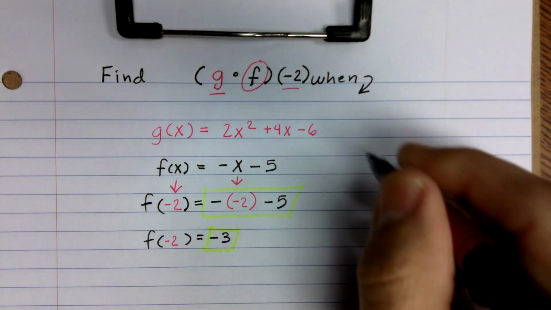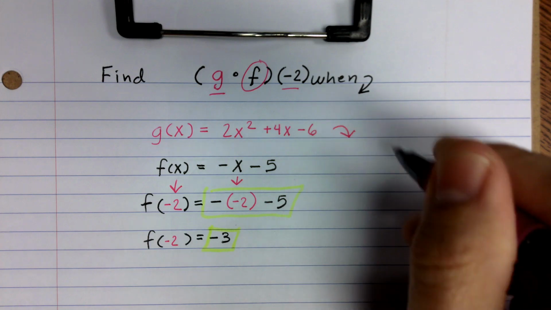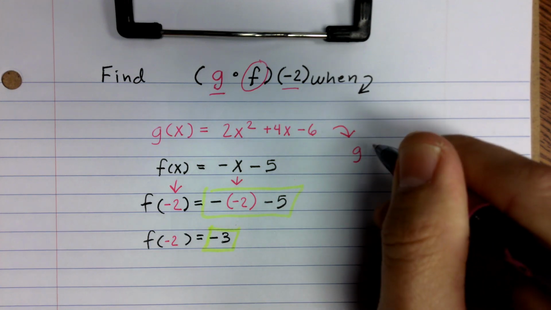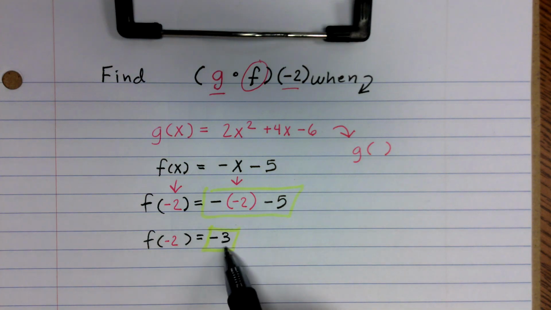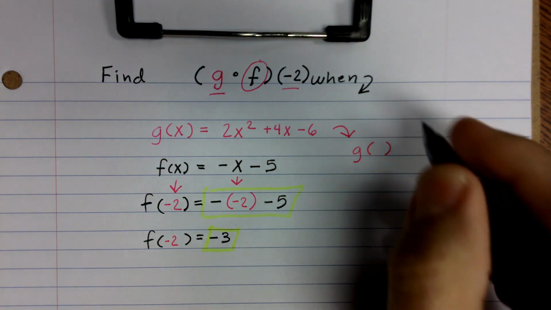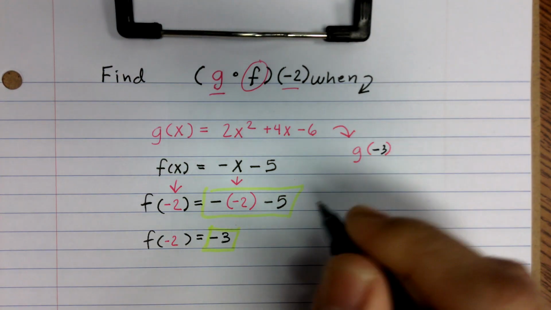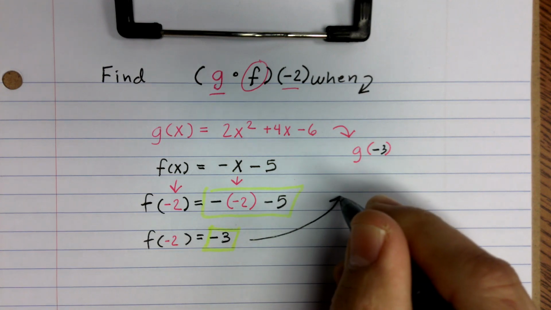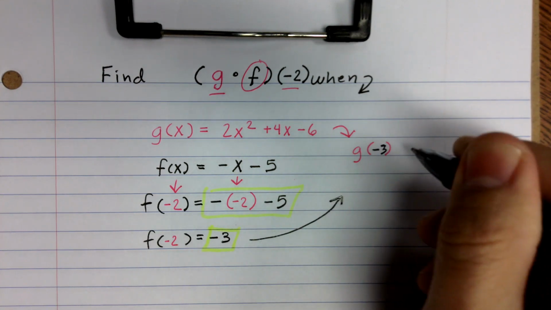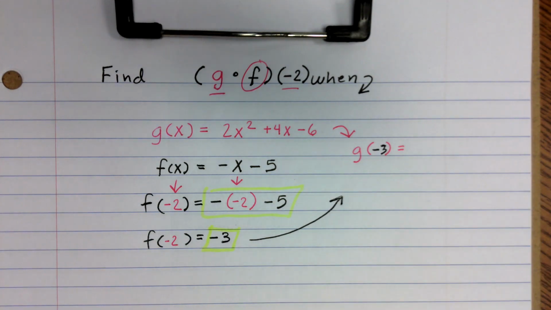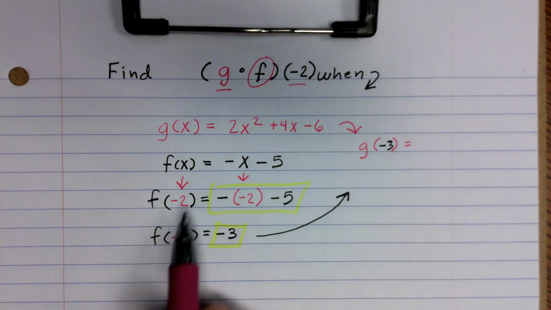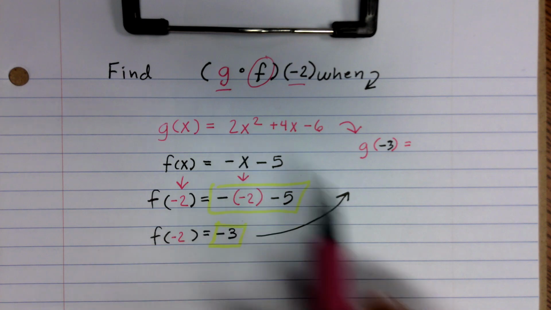So I'm going to rewrite this over here. I have g of, but instead of x, I'm going to take what we got when we did f of -2, which was -3. I'll draw an arrow pointing up. And we're going to use it now inside of our equation. This is going to be equal to, and then we have 2x squared.